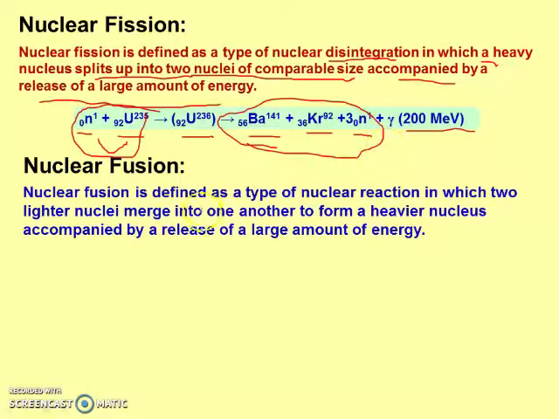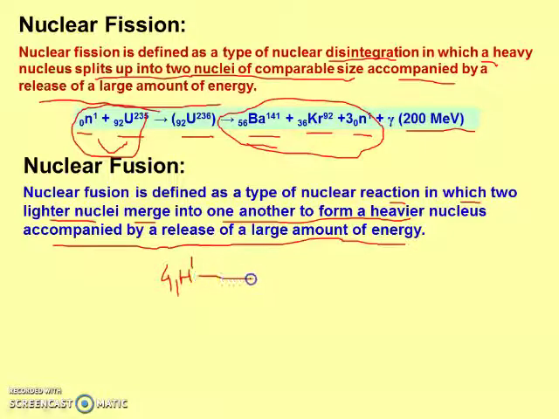Nuclear fusion is defined as a type of nuclear reaction in which two or more light nuclei merge into one another to form a heavier nucleus, accompanied by a release of a large amount of energy. For example, 4 1H1, 4 hydrogen nuclei fuse together and form a helium nucleus, right?